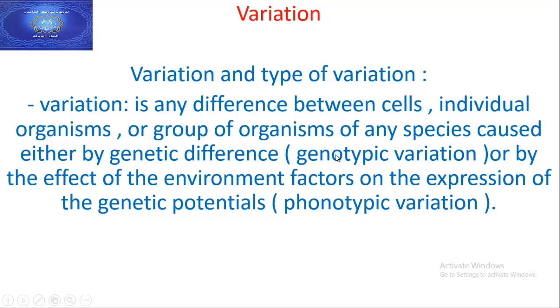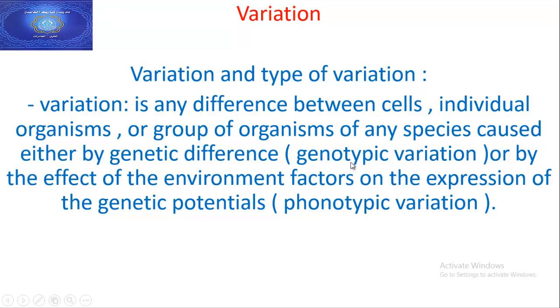So now we know the meaning of variation as the difference between any living organisms. And second, we know that this variation is caused in two ways. The first way is genotypic variation. The second way is phenotypic variation.